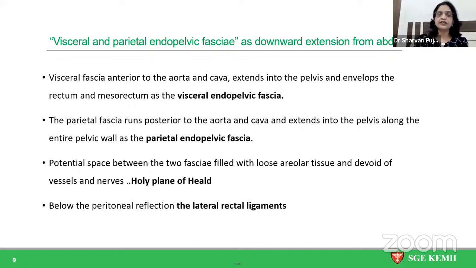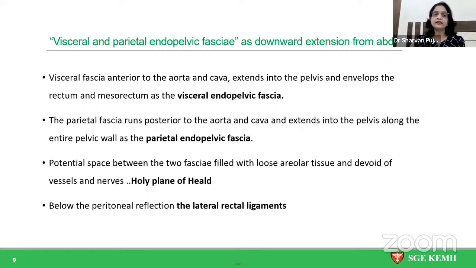The visceral fascia lies anterior to the retroperitoneal vessels, that is the aorta and vena cava, and then extends into the pelvis and envelopes the rectum, becoming the visceral endopelvic fascia. Whereas the parietal fascia lies posterior to the aorta and cava in the abdomen, and thus runs along the pelvic wall and covers the bony pelvis and the muscles of the pelvis.